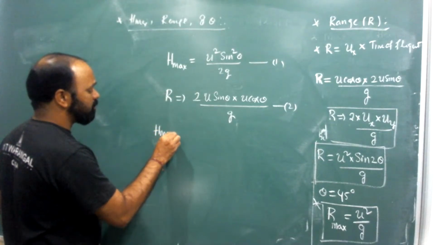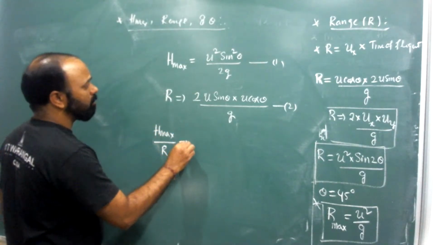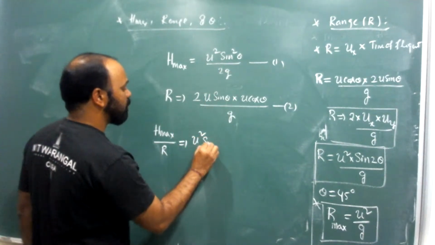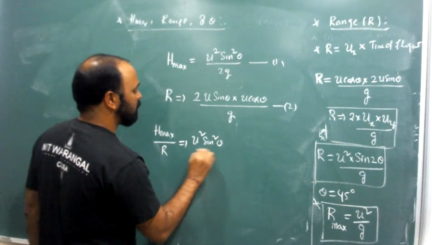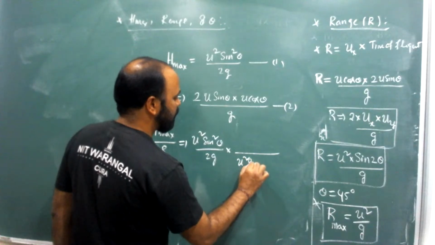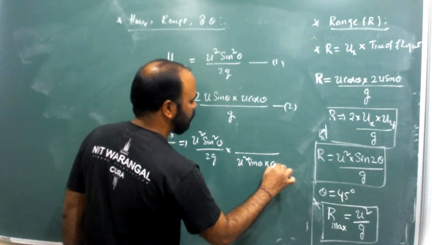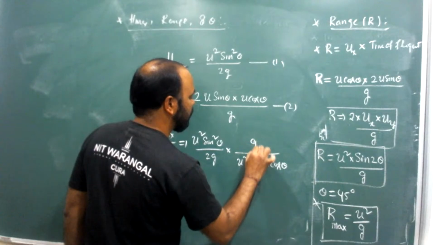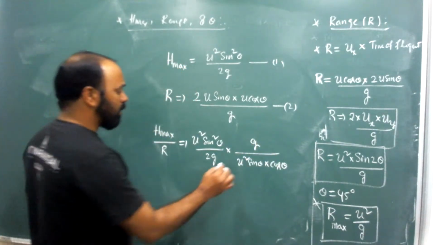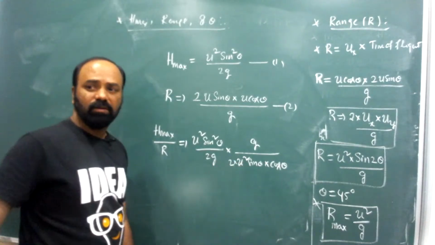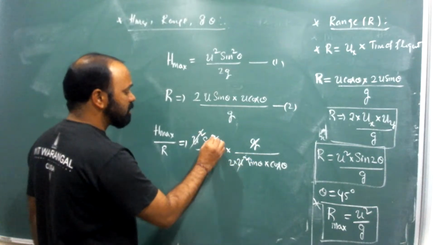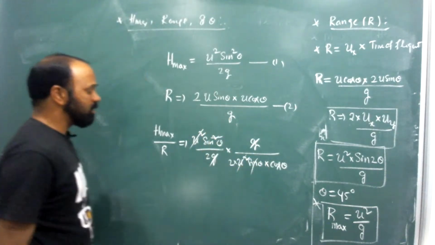H maximum by R equals u square sin square theta by 2g, divided by u square sin theta cos theta by g. The g gets cancelled, u square gets cancelled, sin square and sin get cancelled.